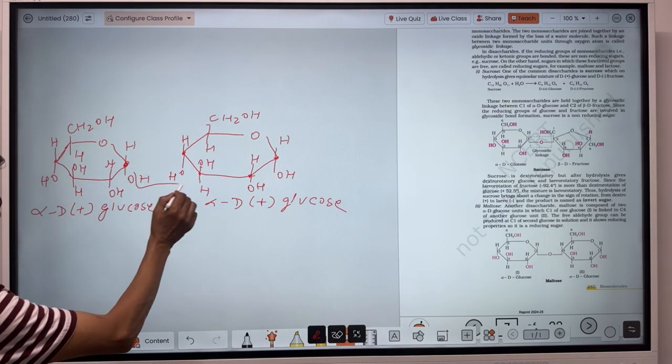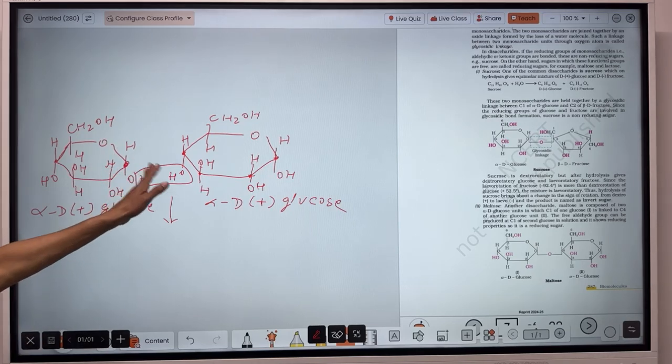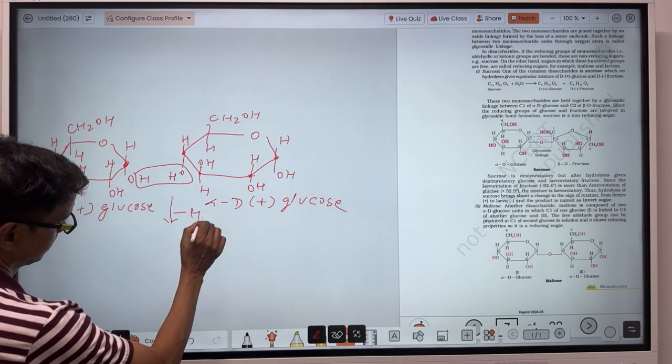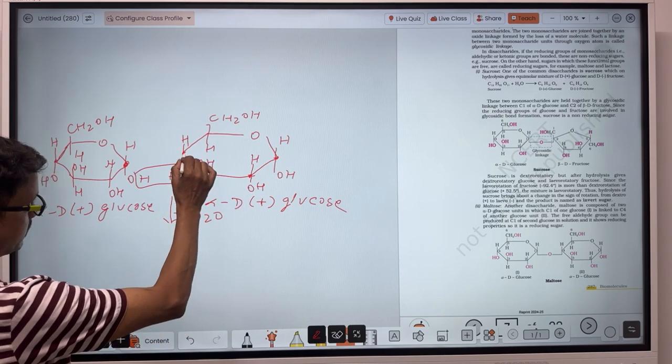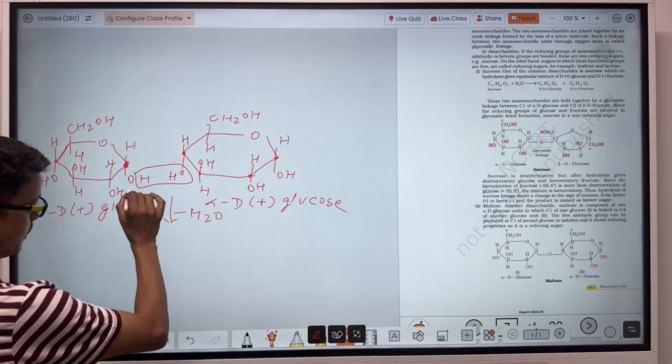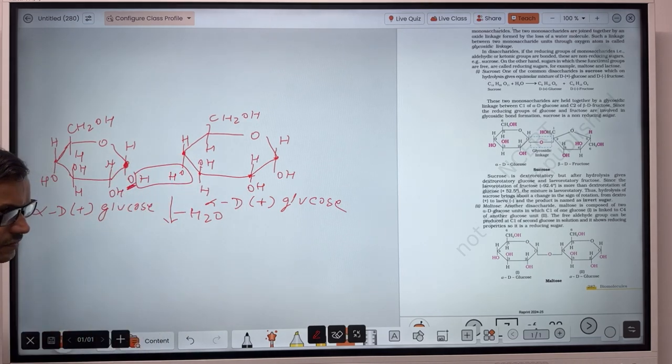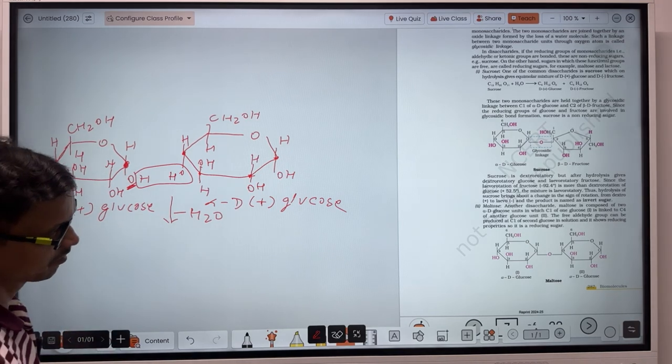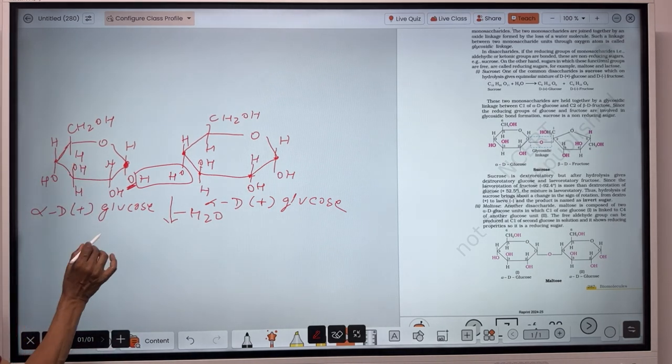So the hydrogen of this glucose will combine with this OH and form H2O, so H2O is released. Now this carbon and this carbon will be bonded together through this oxygen. Very simple, and that will be the glycosidic bonding. Let's see the structure.